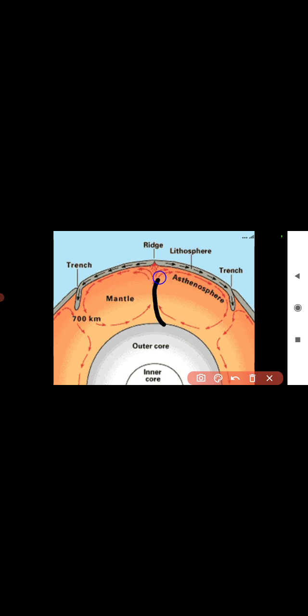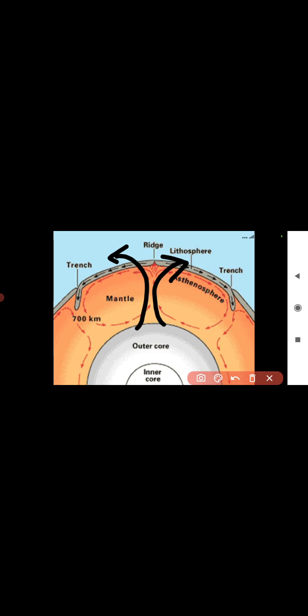But when the limbs diverge from each other, going away from each other, the continents which are there get separated and move away from each other. If the convection cell has rising limbs, they will apply high force on the continental crust, and this may lead to the breakdown of the continental crust.